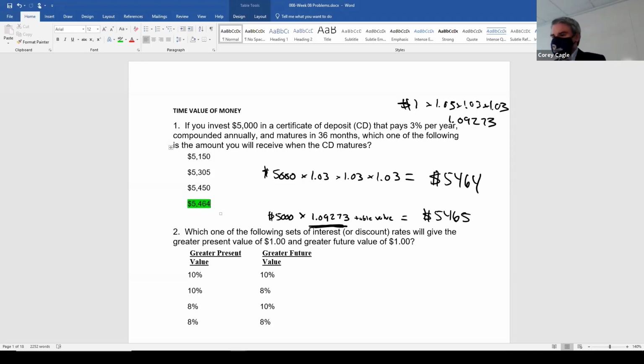Our number 2. Which of the following sets of interest or discount rates will give you a greater present value of $1 and a greater future value of $1? All right, so that requires you to think for a second, right?